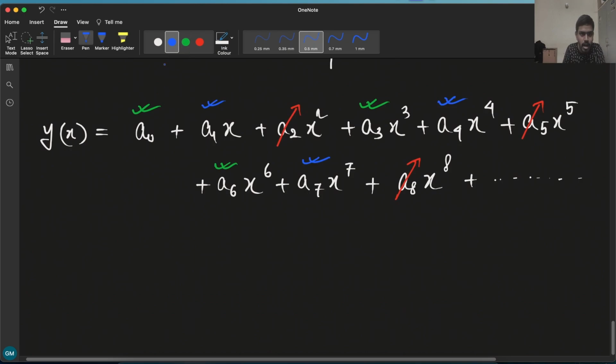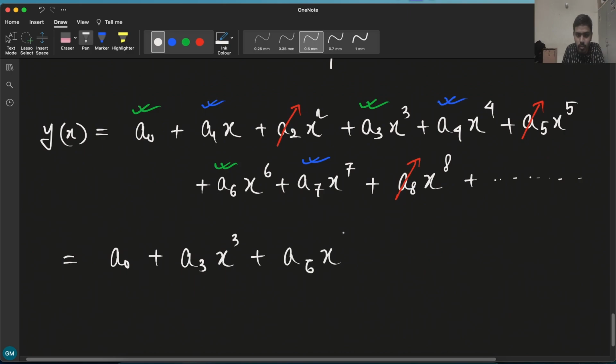So I can write it in terms of two series. One starts from a0 and contains only the ai's which are in multiplication with a0. That means a3 x cubed plus a6 x to the power 6 plus dot dot dot.